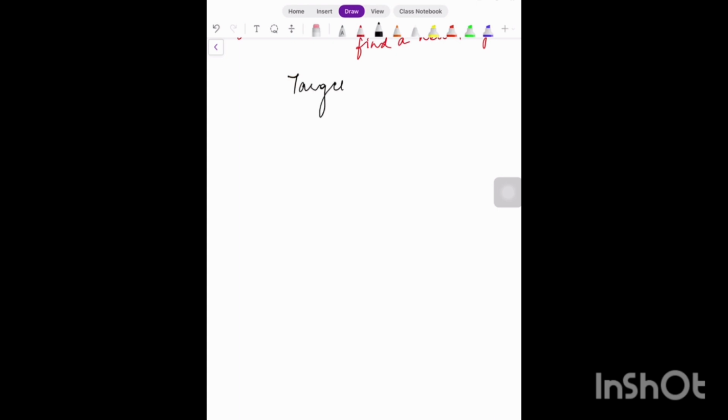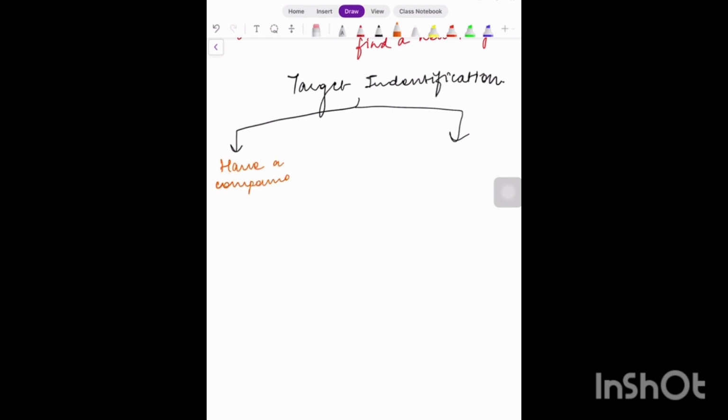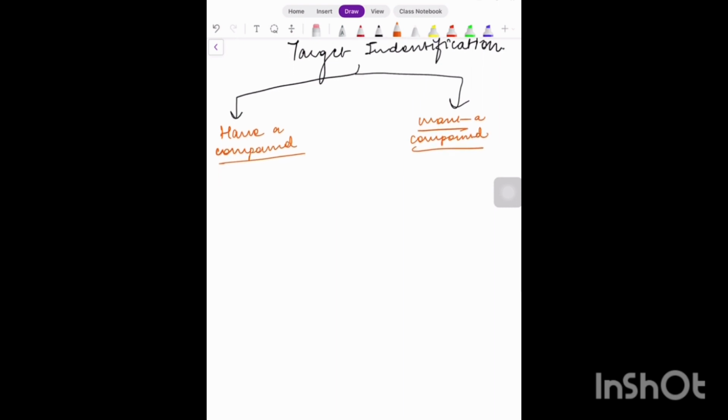So this is target identification. Okay, now there will be two conditions in target identification. The first condition is that you have a compound, you already have a compound. And the second condition is that you want a compound, you don't have one, you need one. So you want a compound. Now if you have a compound, then the approach of target deconvolution can be done.